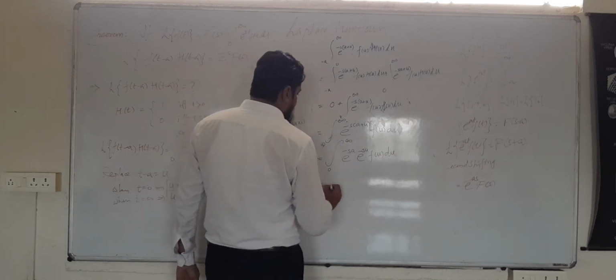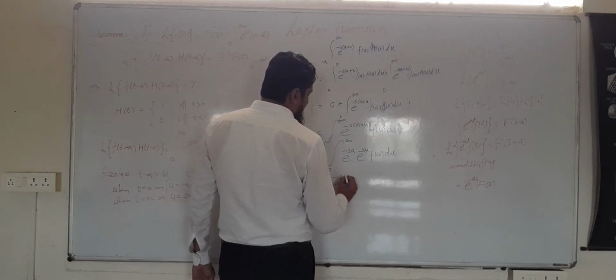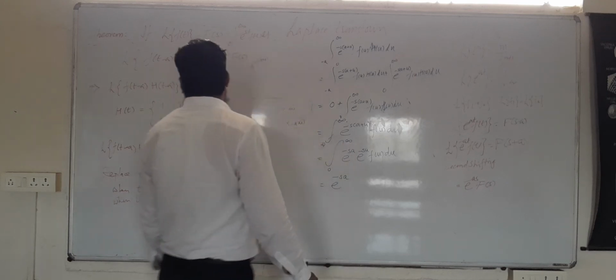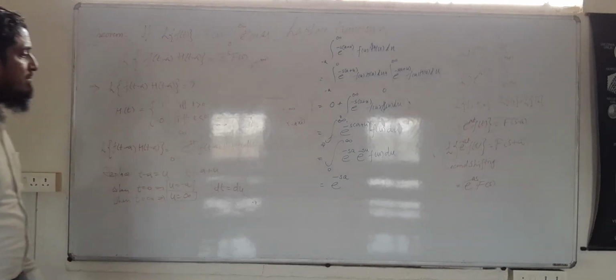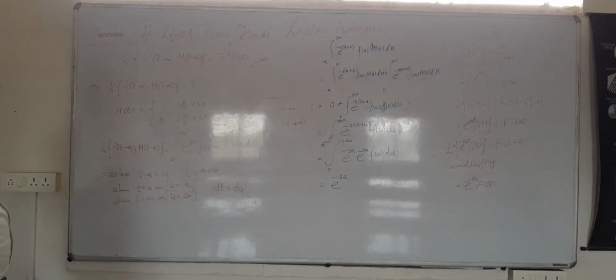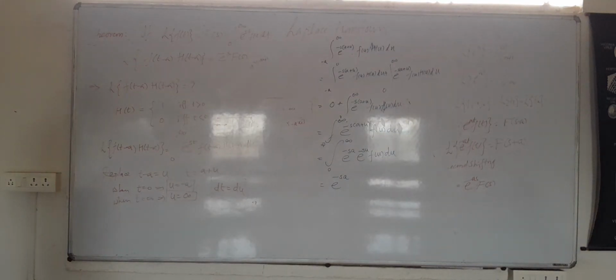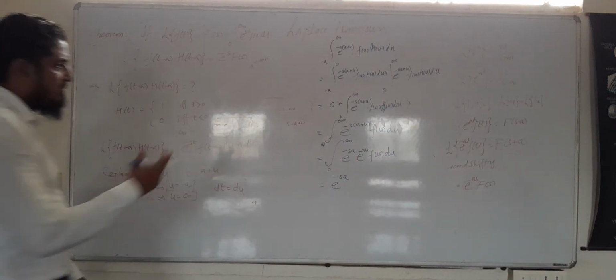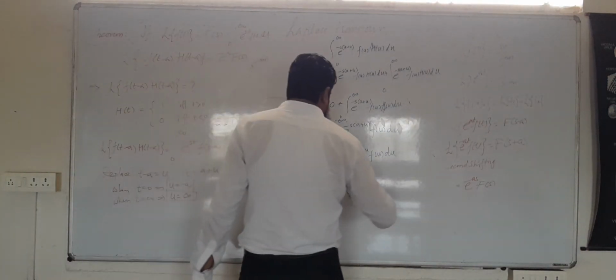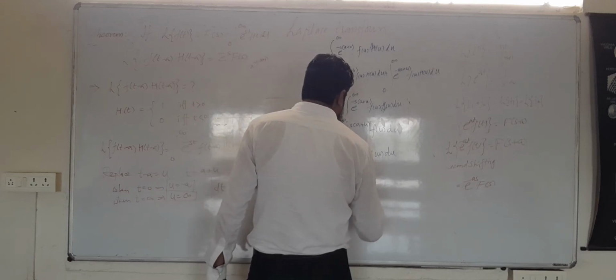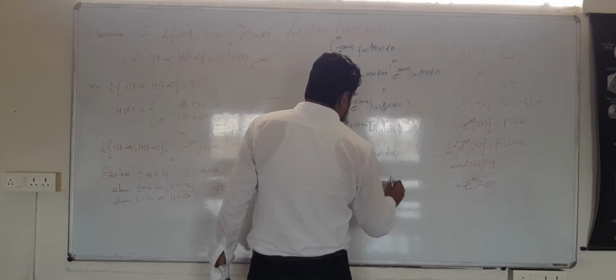So we can take e raised to minus sa outside, and it will become the integration from 0 to infinity of e raised to minus su f(u) du.